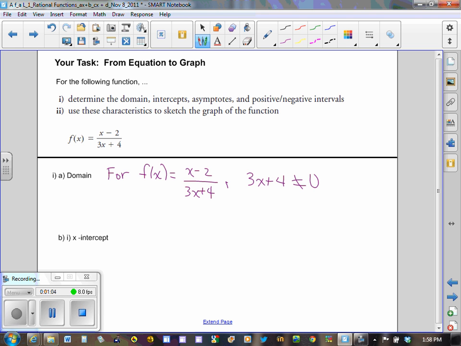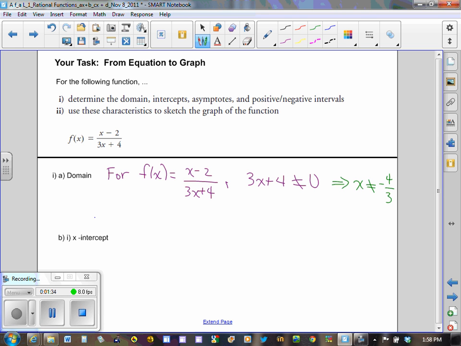Specifically, this implies that x cannot be -4/3. If we solve the equation 3x + 4 = 0, we would determine that the value of x is -4/3.